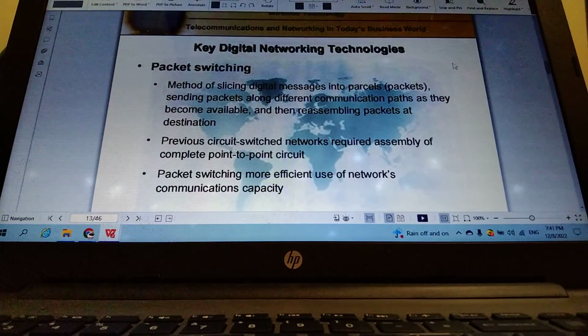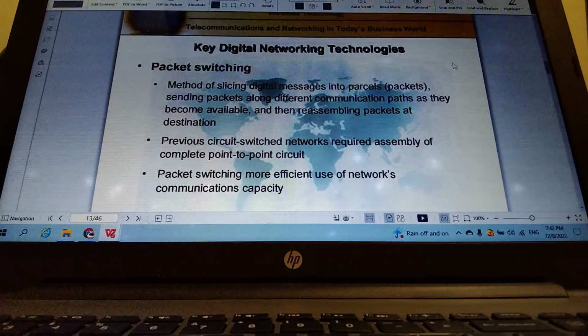The word packet switching could be quite a technical term for you. It is basically a method of slicing digital messages into packets or parcels, sending packets along different communication paths or channels, or cabling or wires, as they become available.